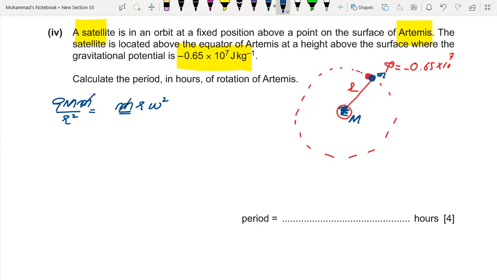So we cancel this and we get GM equals r cubed omega squared. This is Kepler's third law.